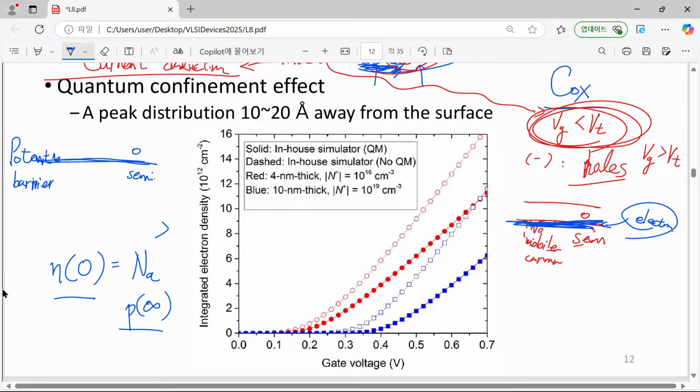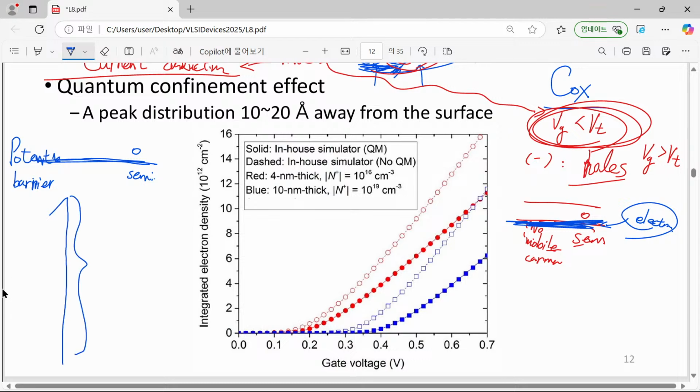From the viewpoint of our electrons, what they feel is an almost infinite potential wall, a potential barrier. Its value is about 3.1 eV.